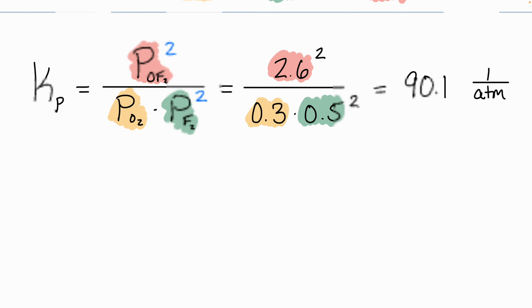Cool, and then lastly, what can I ask you about this reaction in terms of what it favors? So this one would weakly favor the products. It's greater than 1, but less than that 10 to the 3, less than that 1,000 cutoff. So this we would say weakly favors the products.